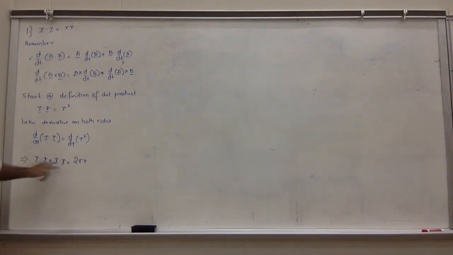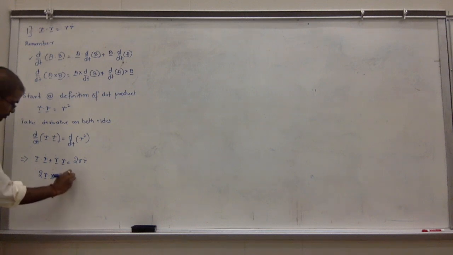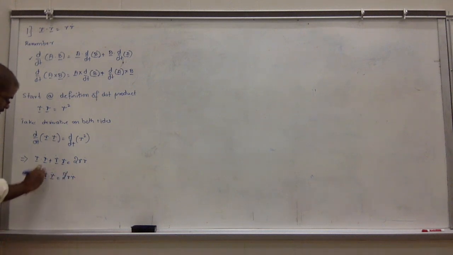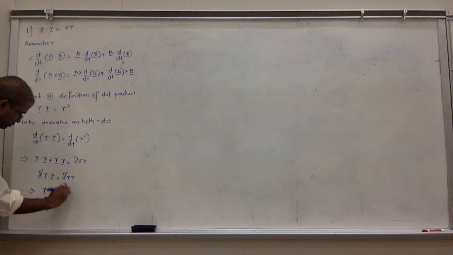So you see the dot product is commutative, which means A dot B is B dot A. So this becomes 2 R dotted with R dot is equal to 2 R R dot. So this 2 cancels, which implies R dot dotted with R is equal to R R dot.